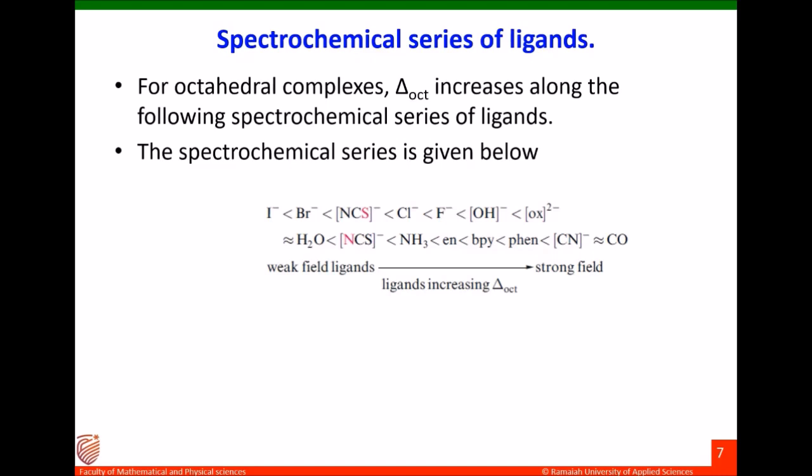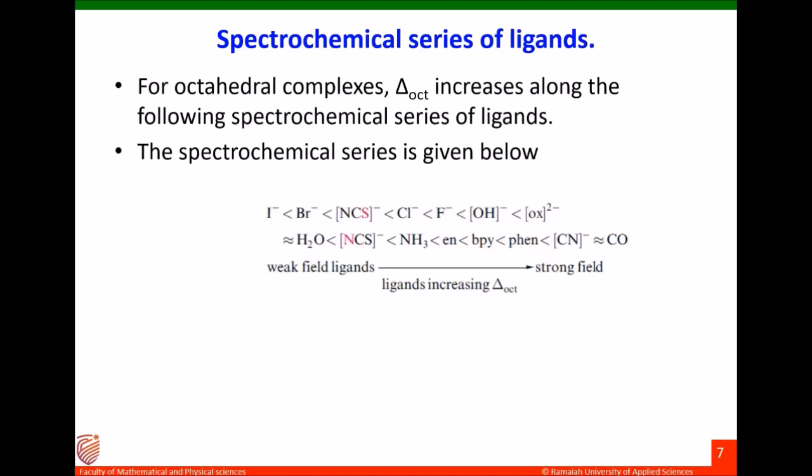That means from weak field ligands such as halides to strong field ligands such as carbonyl or CN minus, the delta octahedral value increases. Here you can see NCS is in two positions.